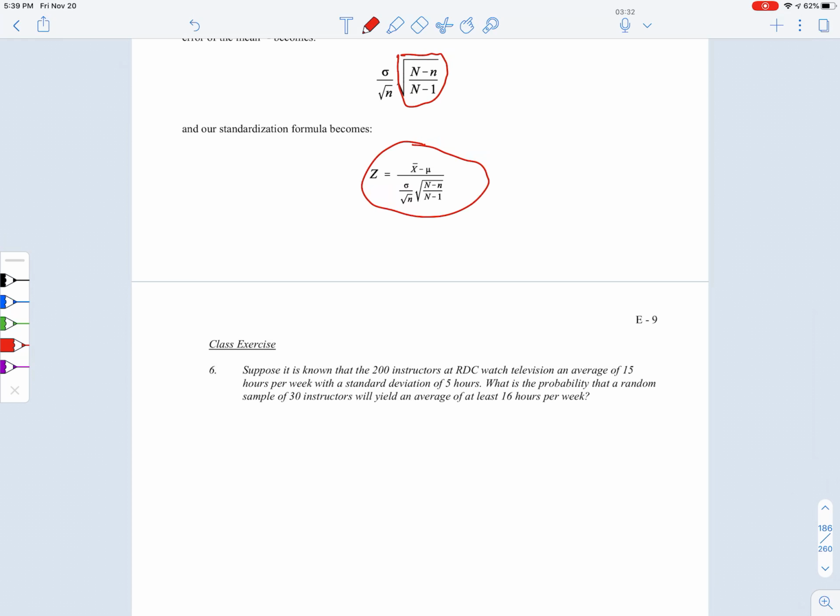So it actually makes this whole term, which in stats we call the standard error of the mean, smaller, because we have sampled a large portion of the population. So standard error of the mean is sigma over the root of n, and we would tack on an FPC factor if we need to.